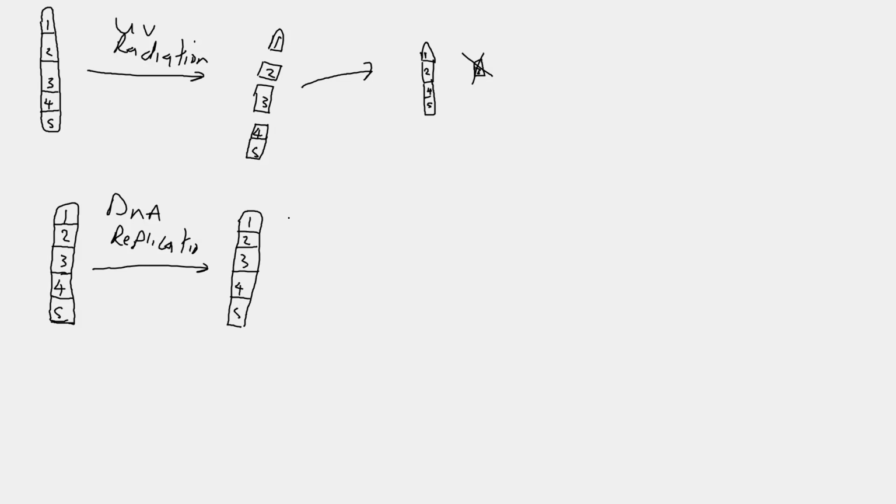But sometimes you end up with the same section being copied more than once. So instead of having 1, 2, 3, 4, 5, you can have 1, 2, 2, 3, 4, 5.